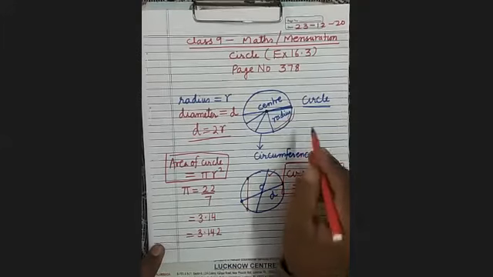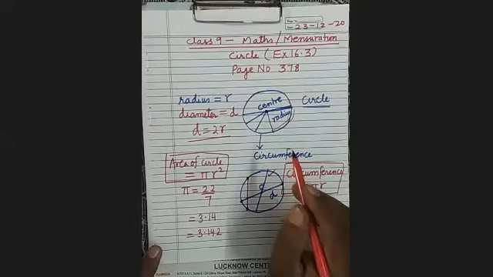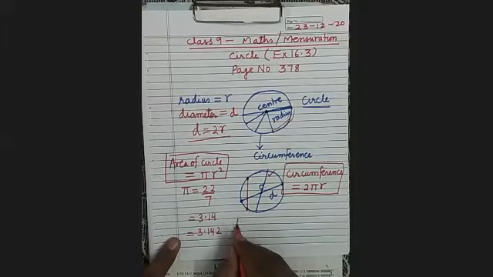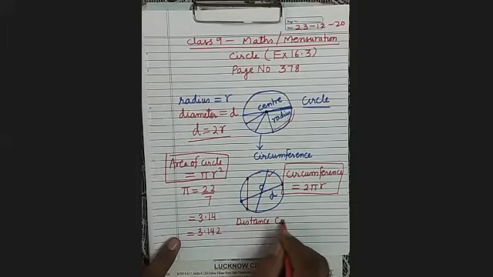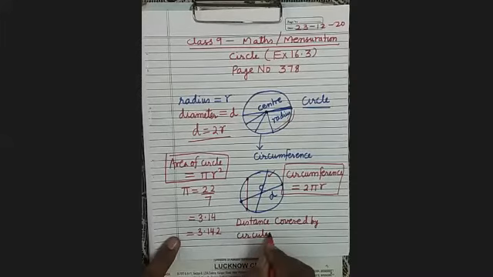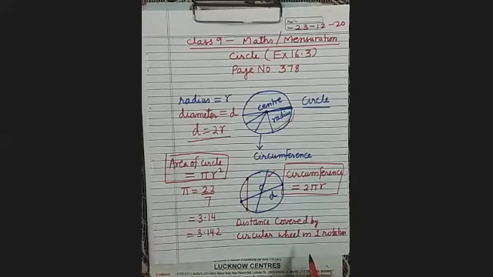Now, if there is any circular wheel like this, then what will be the distance covered by circular wheel in one rotation? How much distance will be covered by circular wheel in one rotation?